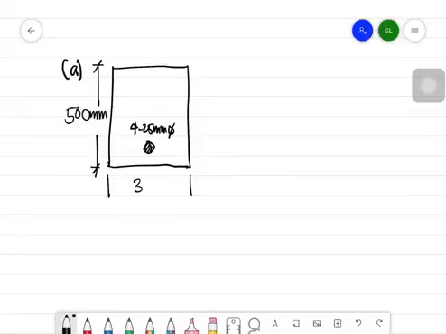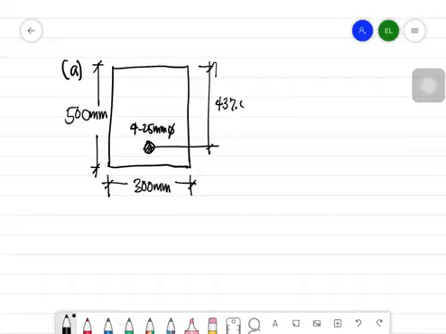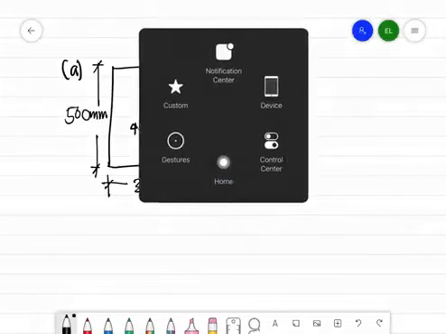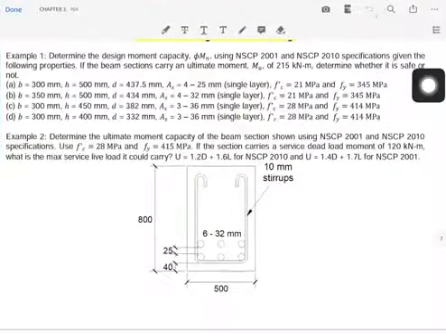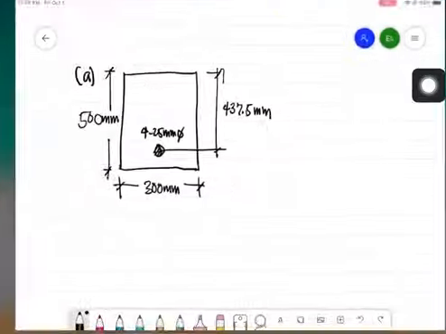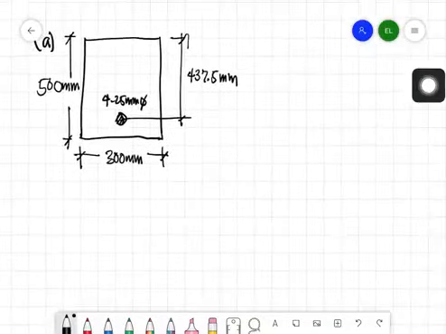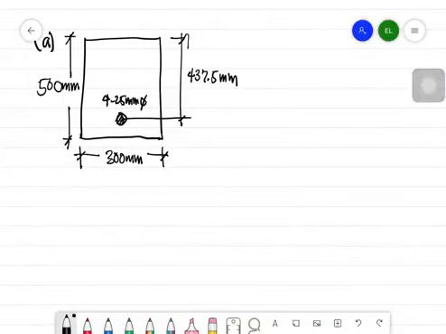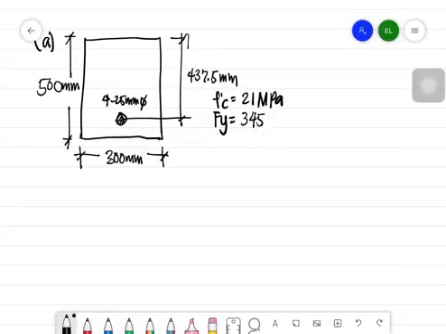Then we have 300 mm here. Then our effective depth is 437.5 mm. So that is for A. Then we have f'c, 21 MPa. Then we have fy is 345 MPa.